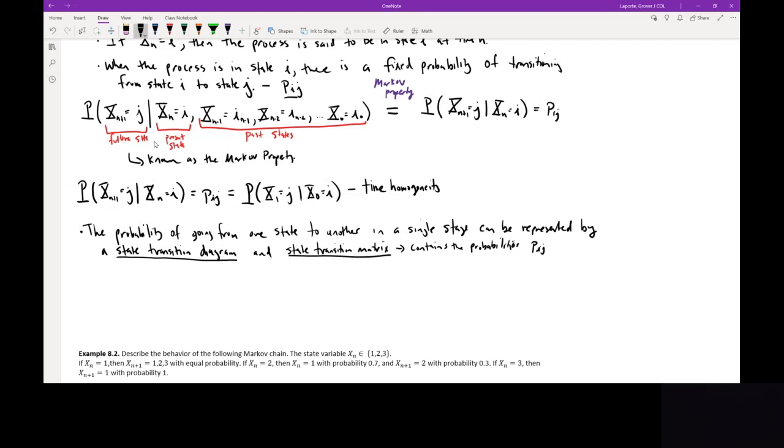And it's a unique way of multiplying matrices. It's not one that we're used to, but we'll see an example here in a second. Basically, the rows represent the current state, and the columns represent the future state.